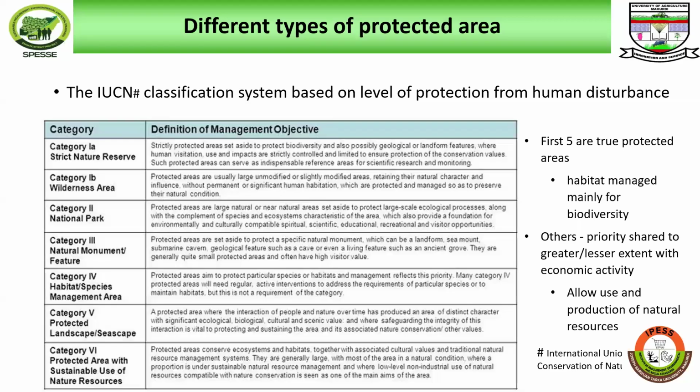Category 5 is a protected area where the interaction of people and nature over time has produced an area of distinct character with significant ecological, biological, cultural, and scenic value, where safeguarding the integrity of this interaction is vital to protecting and sustaining the area and its associated nature conservation and other values.